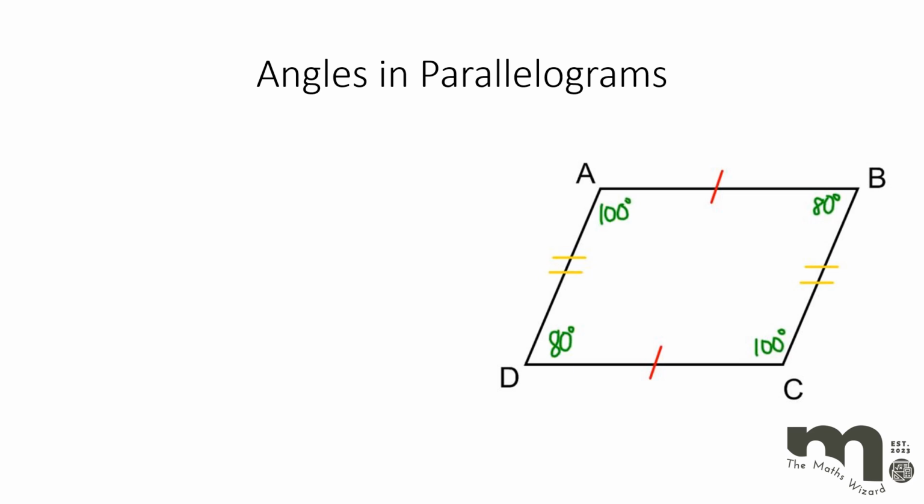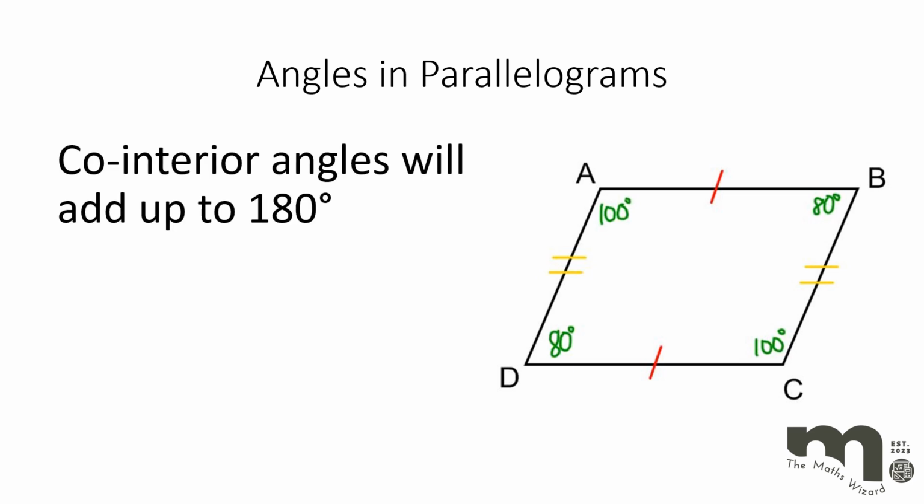If we look at specific parallelograms, we're going to look at some rules relating to specific shapes such as parallelograms. One key thing here is that co-interior angles will always add up to 180. When you've got parallel lines like you've got on these parallelograms, these two angles are going to add up to 180, and so are these two here.